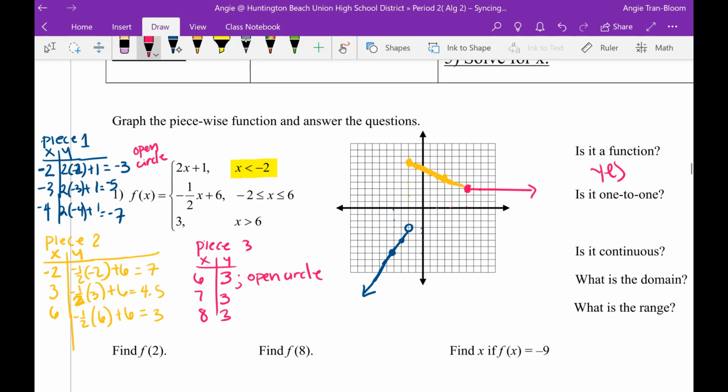Is it a one-to-one? So, first horizontal line. Yes, this one? Yes. Technically, this is nothing. What happens if I draw a horizontal line? Infinitely many times that it did intersect. So is this a one-to-one function? No. It's not a one-to-one function.